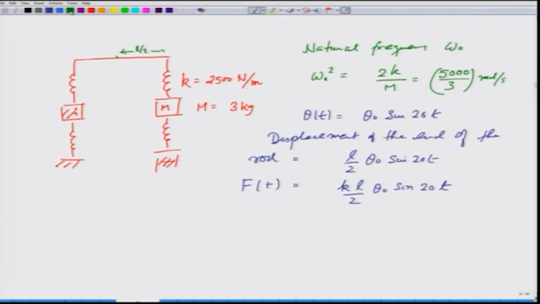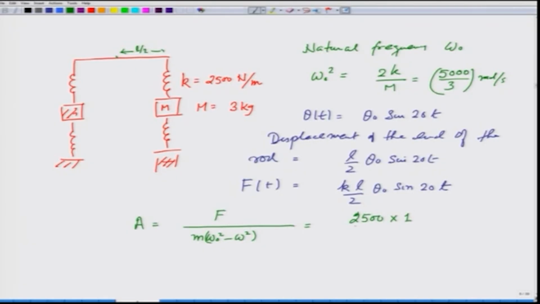So, if I were to write the amplitude, it is going to be F divided by m times (omega 0 squared minus omega squared), which is equal to K, which is 2500 times L. L is given to be 1 meter.